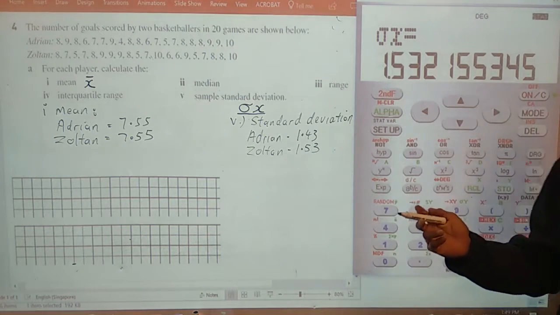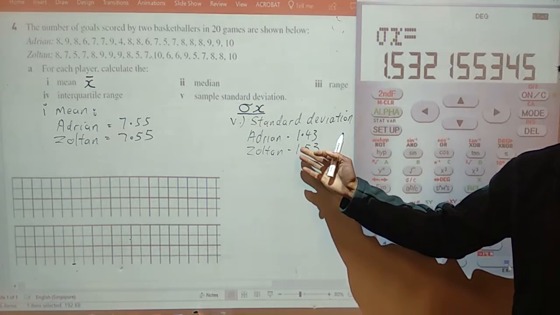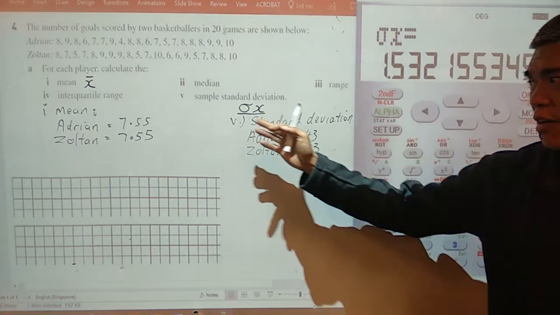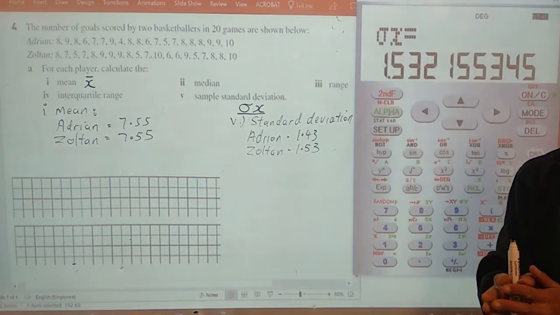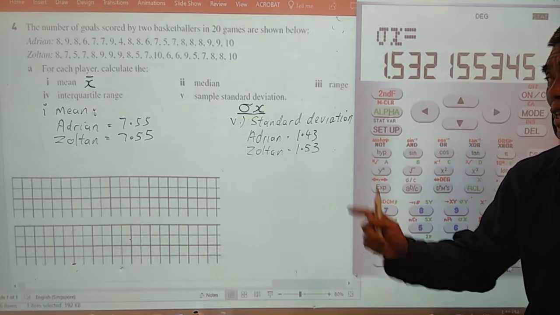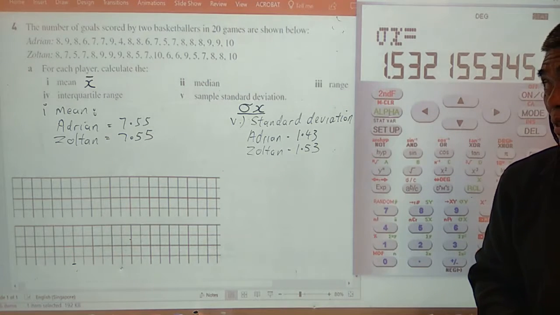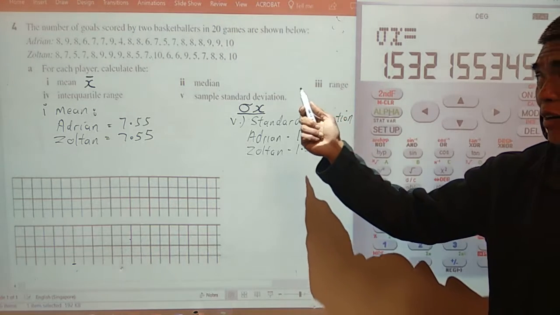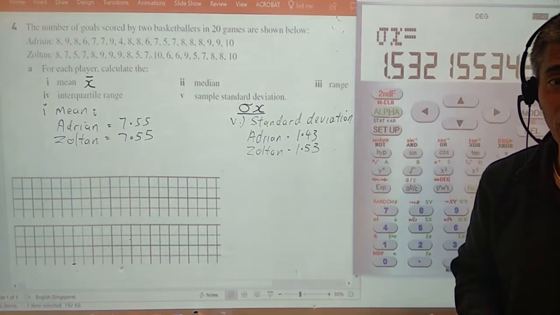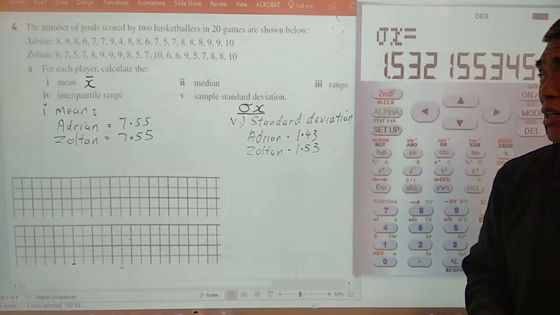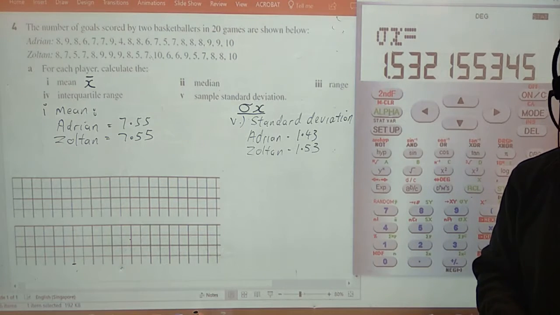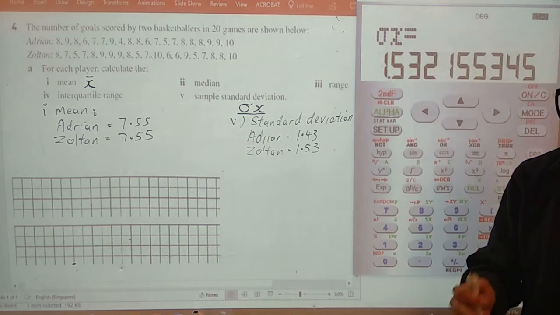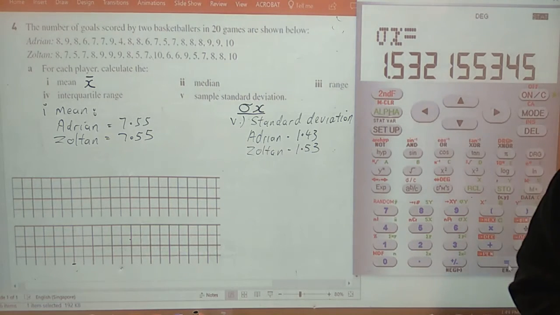This means that on average, the scores of Zoltan differ from Zoltan's mean by 1.53. This means that Zoltan's scores are more widely spread compared to Adrian. Now, this will become more apparent when we actually find the median and the interquartile range. That will give you a good idea of where 25%, 50%, and 75% of the scores lie below. So let's do this.